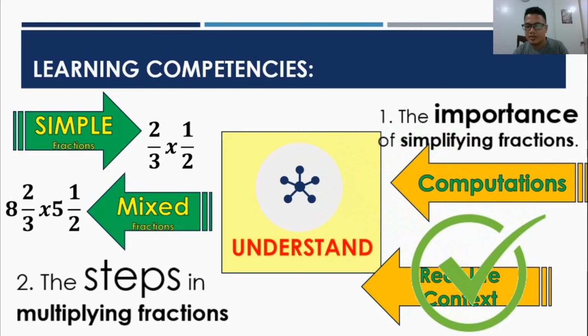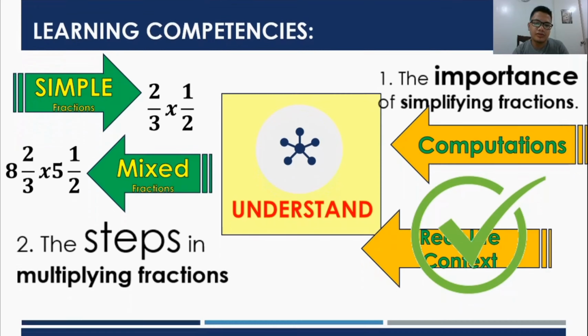But since we're done with real life context later, all throughout the operations we will describe and understand how getting the lowest term is helpful in computing or doing other operations of fractions.